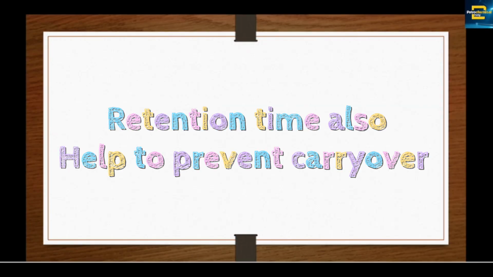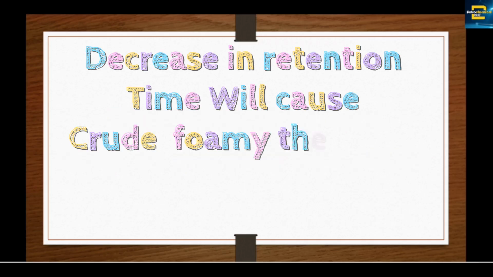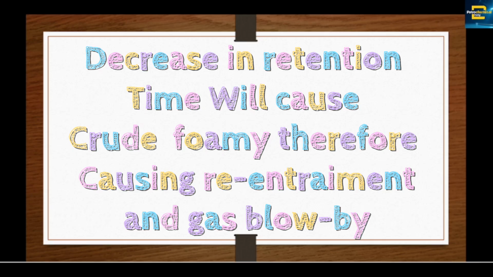So retention time also helps to prevent carryover. How does it do that? If the retention time is low, there will be foaming. That means the liquid will be mixing with the gas, which will cause re-entrainment. If the retention time is low, the gas will also be mixing with the liquid to cause a gas bubble.